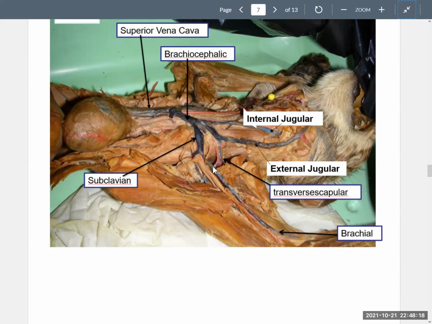It should be over here. So it's hidden behind this little mountain. But we know when we get this far down on the arm, it's brachial. So the only thing I haven't shown you on this one, besides the head vessels, is the subscapular.